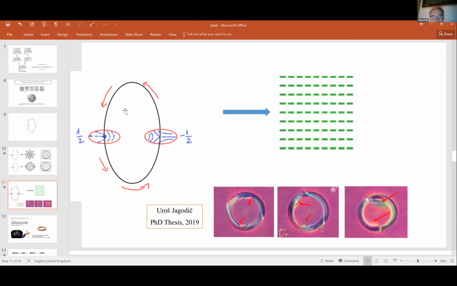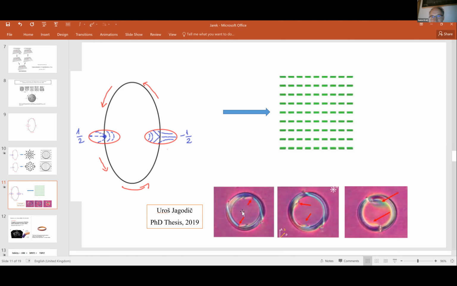Why? Because the winding number changes from one side to another side. If you have some object inside that has Gaussian curvature, then positive Gaussian curvature attracts one kind of winding number and negative another one.